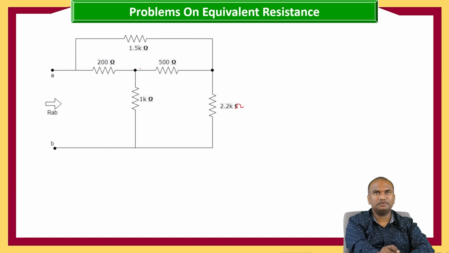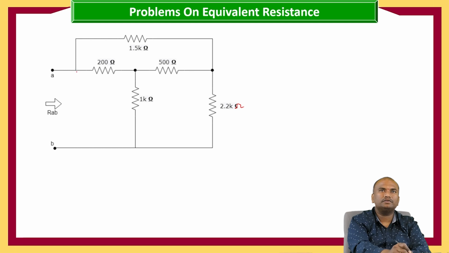This is 200 ohms, 500 ohms, and 1 kilo ohm is one star. And in the same way, 1.5 kilo ohms, 500 ohms, and 2.2 kilo ohms is another star. But we have to choose the star which is connected to most of the circuit. So I am choosing 200 ohms, 500 ohms, and 1 kilo ohms as the star.